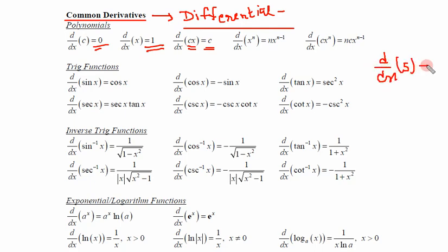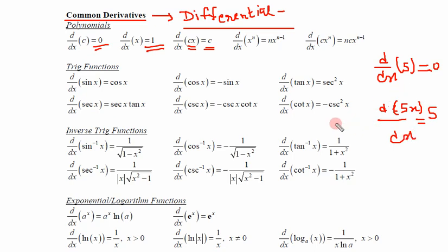What would be the differentiation? 0. And dx upon dx is equal to 1. Suppose we have 5x. d upon dx of 5x. What will we have? C is 5, x is x. So the differentiation is just equal to C, that means 5.